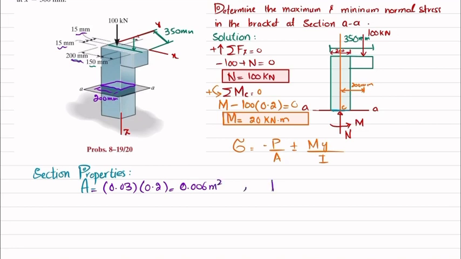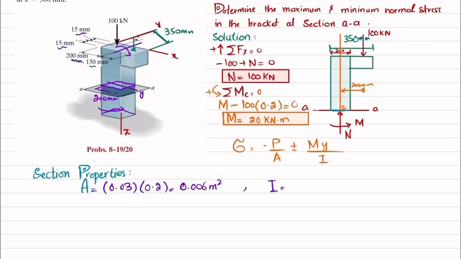Now what about I, the moment of inertia? Sorry, this is the y-axis, this y-axis is along this direction, clear, and you can see you have a moment in this direction. So we will take the moment of inertia about this y-axis.